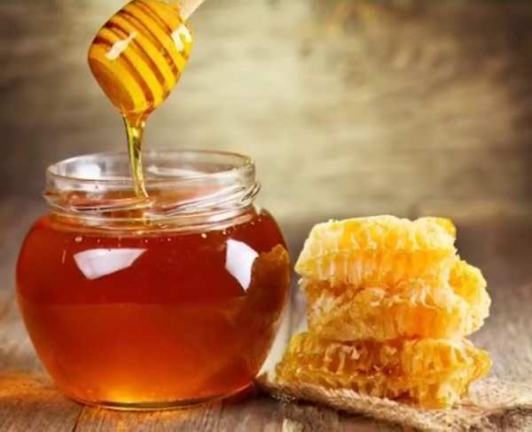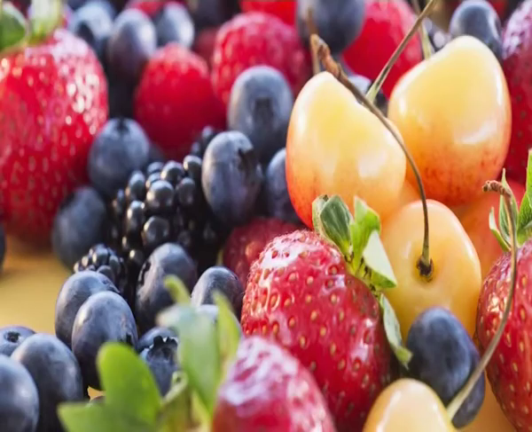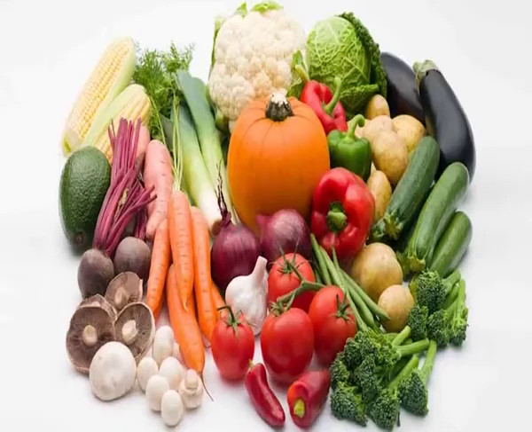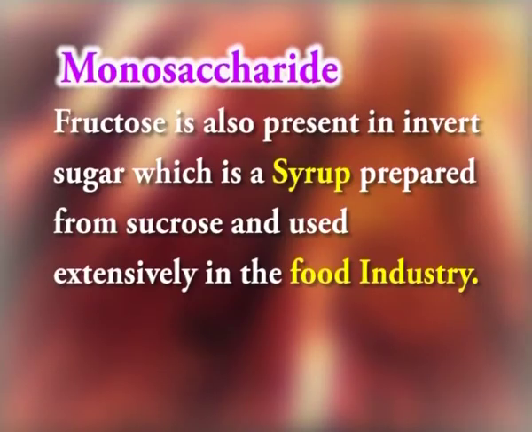Fructose is normally known as fruit sugar, which is highly soluble, and the unique feature is that it does not readily crystallize. It is found in honey, ripe fruits and certain vegetables. Fructose is also present in invert sugar, which is a syrup prepared from sucrose and used extensively in the food industry.